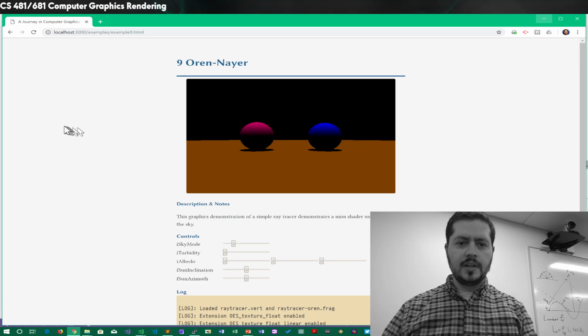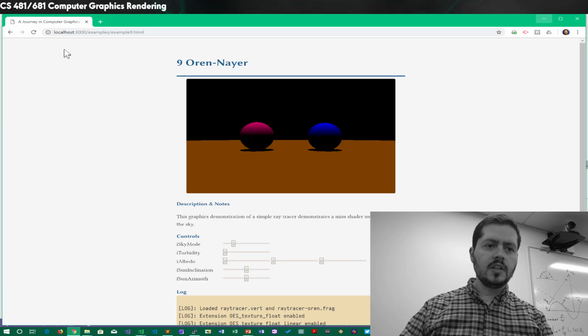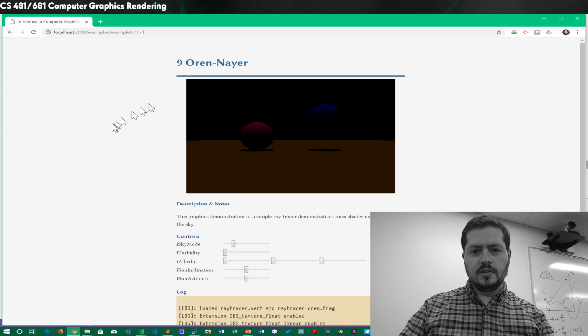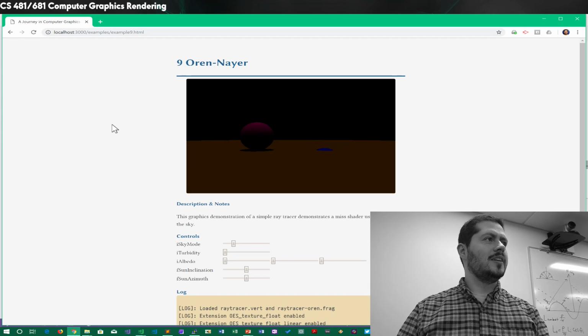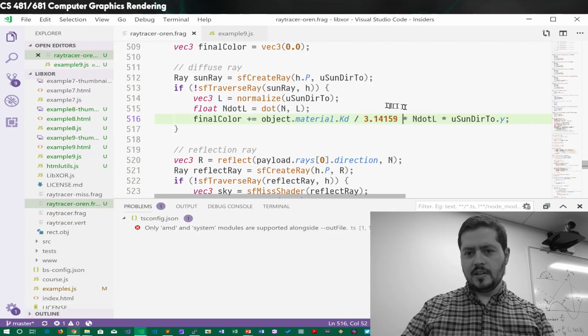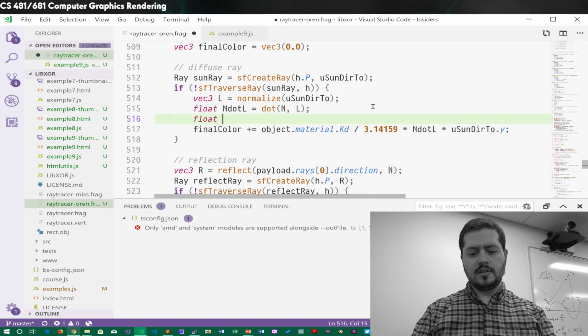And see what happens if I reload. It got darker. All right, that makes sense. Okay, so now I need to come up with a way of making it brighter. So I'm just going to declare a constant.